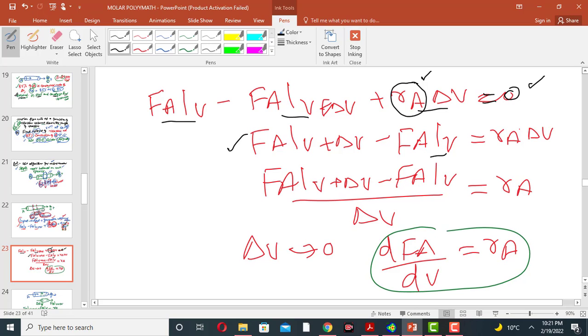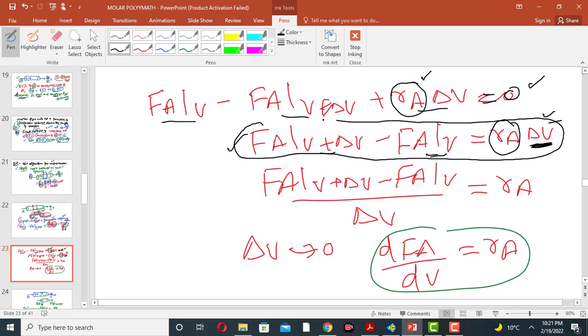Now rearrange this equation. Output minus input equals the rate of component A times the change in volume, delta V. Now we divide this equation by delta V, which is equal to RA.